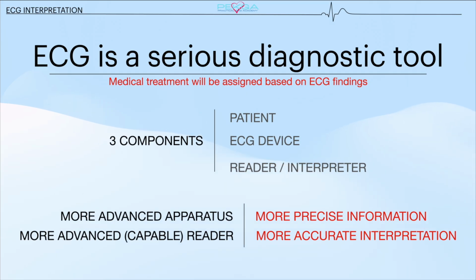This is referring to simpler devices that are going to give you a rhythm strip. Maybe they only have a couple of channels, whatever the case is, but the more complex, the more information you're going to be able to pull off of that patient. Now, the more advanced or capable the reader or interpreter, the more accurate the interpretation is going to be. Okay, this kind of goes without saying, but let's keep going.